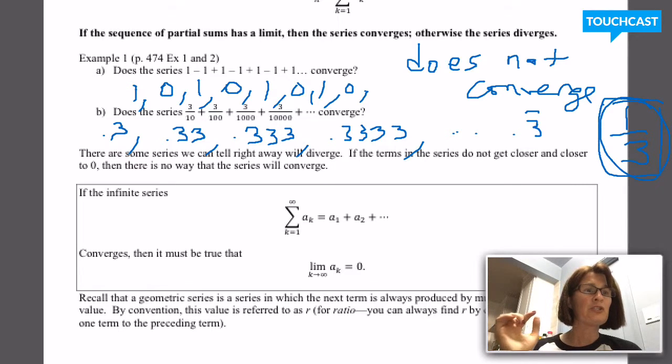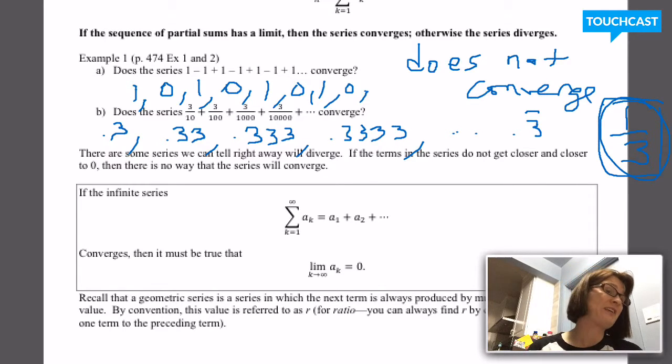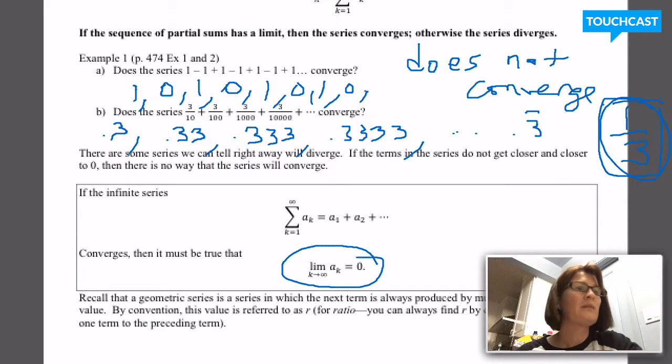If the terms in the series, the same thing as the terms in the sequence that you're adding together, do not approach 0, if the limit as n goes toward infinity of the nth term is not 0, then there's no way that the series will converge. The series will diverge. So, for you to even consider the possibility of a series converging, the limit of the terms must be 0.